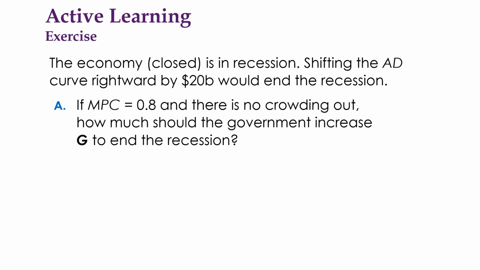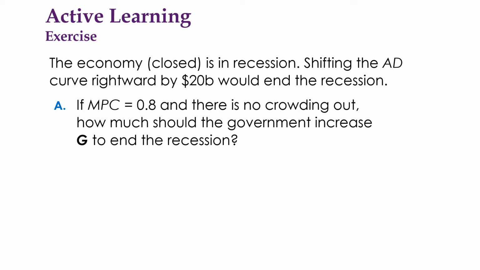All right, guys, a little bit of multiplier practice here. The economy is in a recession. Shifting the aggregate demand curve rightward by $20 billion would end this recession. And we're in a closed economy, by the way, so there is no marginal propensity to import that we need to factor in. In a closed economy, there's only the marginal propensity to consume, and the only leakage is the marginal propensity to save, right?